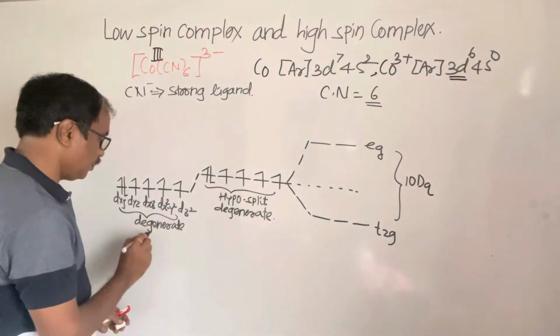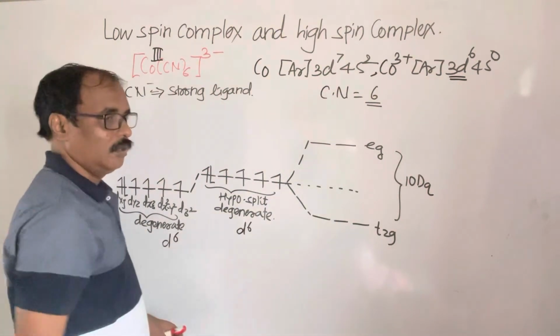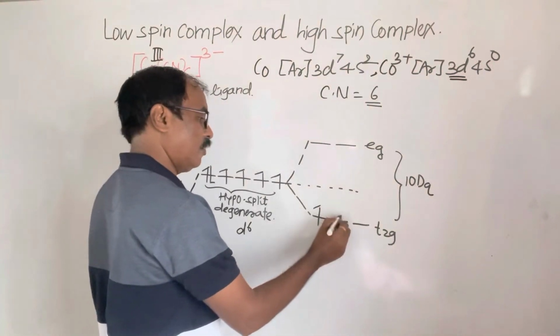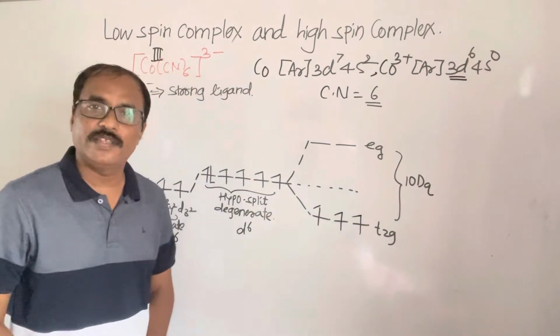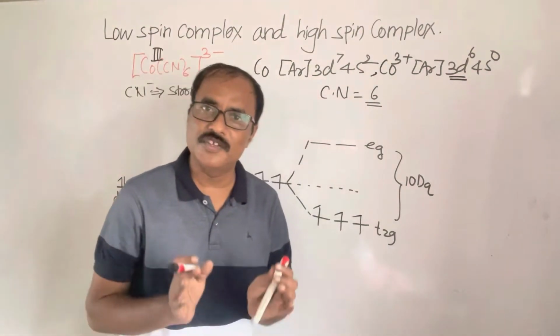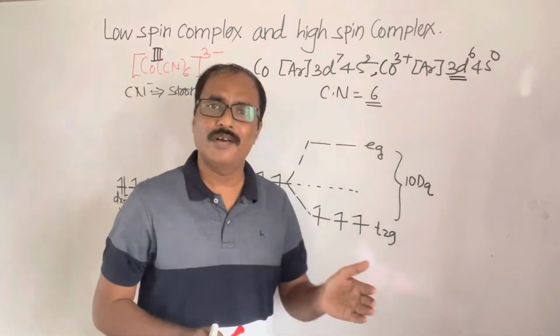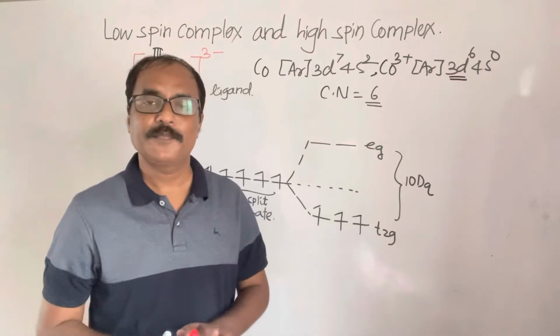This is a d6 system. Compulsorily the first 3 electrons will enter T2g. Crystal field theory follows the Aufbau principle and Hund's rule of maximum multiplicity.